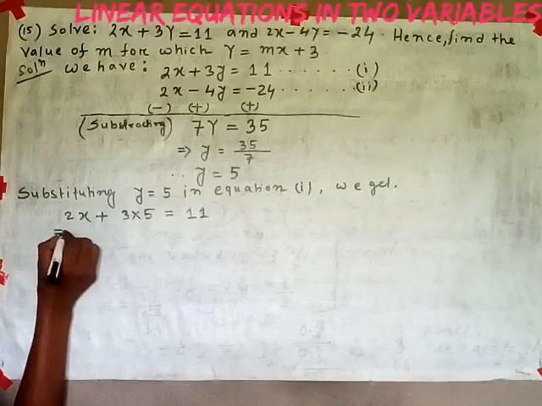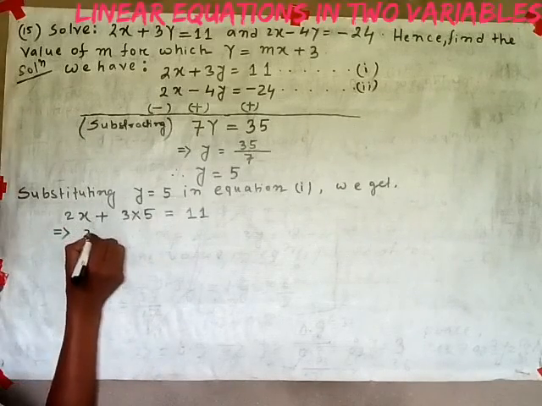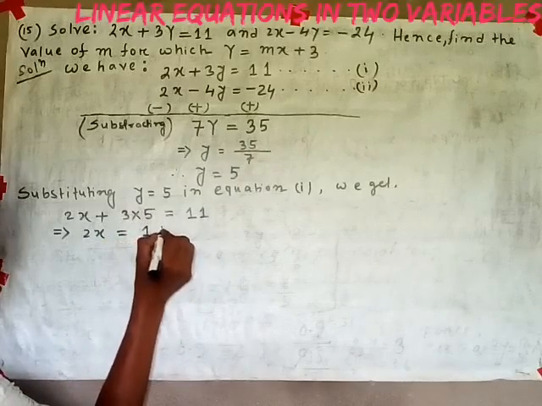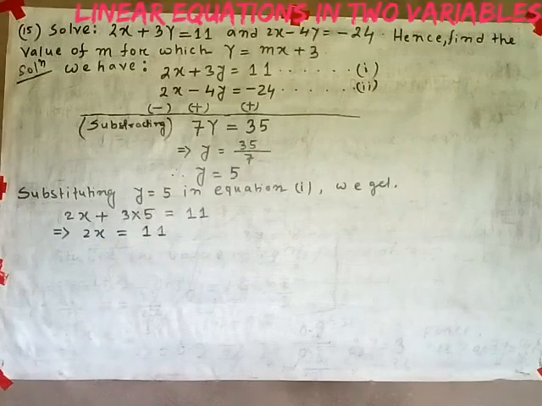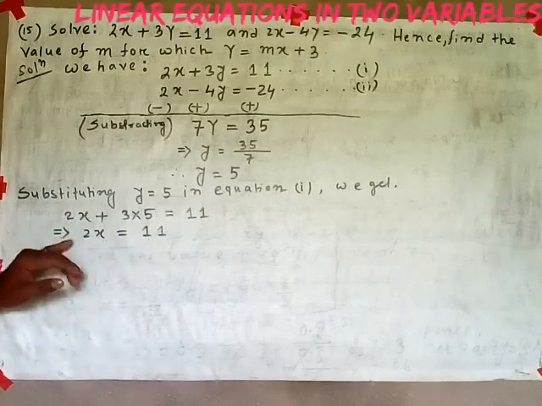We can give the implies symbol, since there is an x term and already there is an equal symbol. So 2x equal to 11, and look at the left side of the equal symbol, this part 2x we have written.